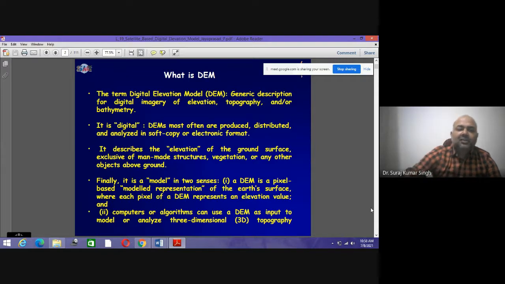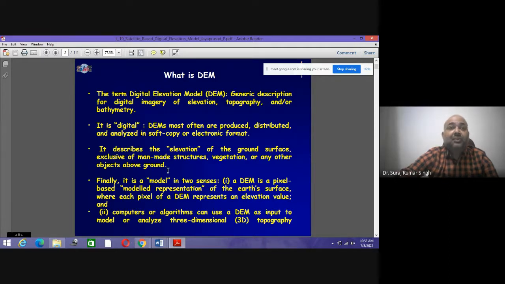So the term digital elevation model describes the digital imagery of elevations, topography, or bathymetry. It is digital. What does digital mean? DEMs are more often produced, distributed, and analyzed in soft copy or electronic format. It describes the elevation of the ground surface, exclusive of man-made structures, vegetation, or any other objects above the ground.